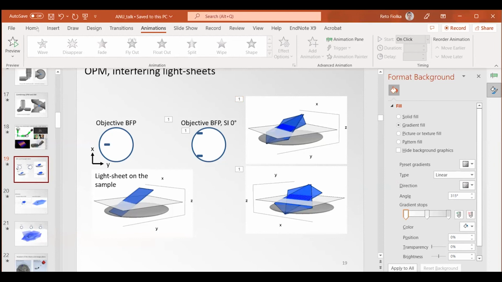But if you would want to make more complicated patterns, then yes, an SLM would be preferable. One could maybe even try to produce some type of optical lattices. In a similar way to the lattice light sheet, you could use an SLM that shapes the illumination beams, and you somehow have to offset them.